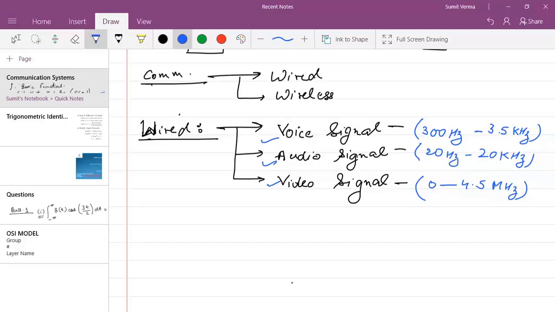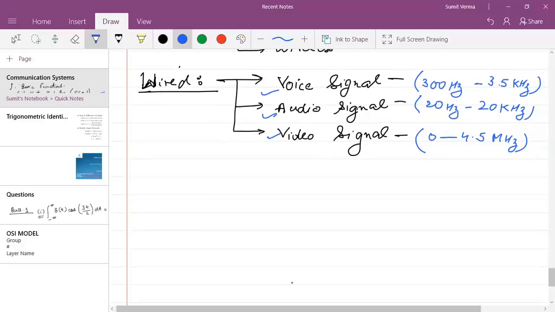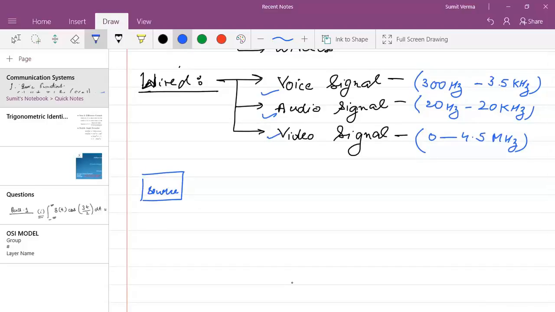Now the wired system, how does it work? On this side you will have a source. The source will send this information to some source transducer. Why is the transducer needed? Because the information that you are sending is a voice, audio or video signal, but you want to convert it to an electrical signal, or an optical signal in case of optical fibers, when you are sending it through a wired channel.